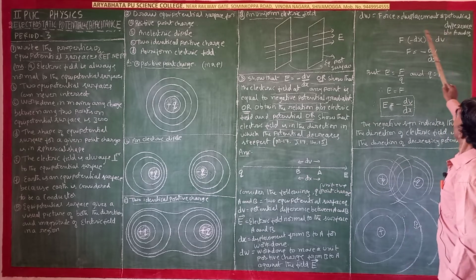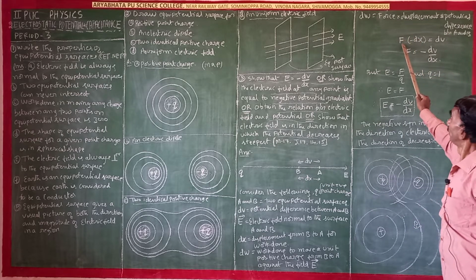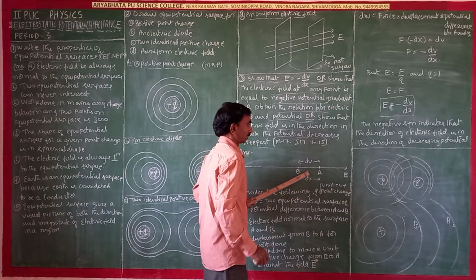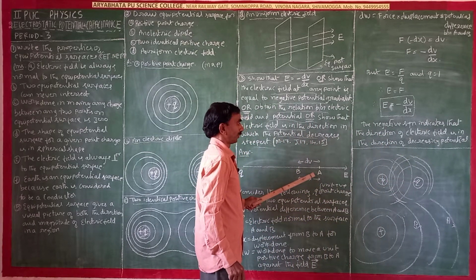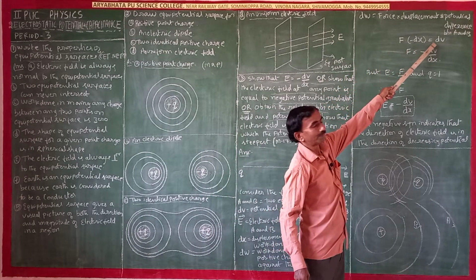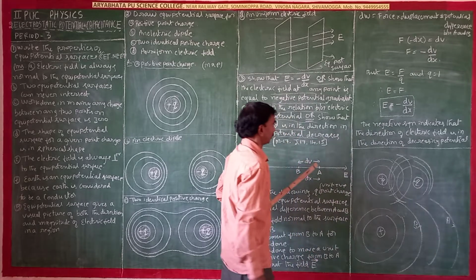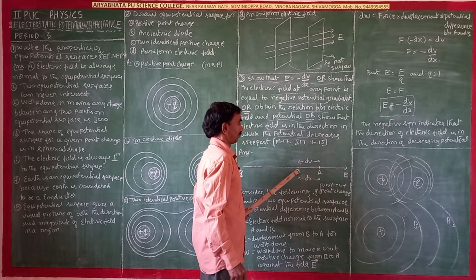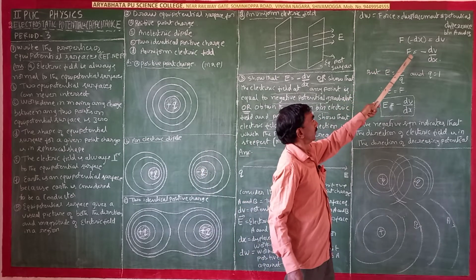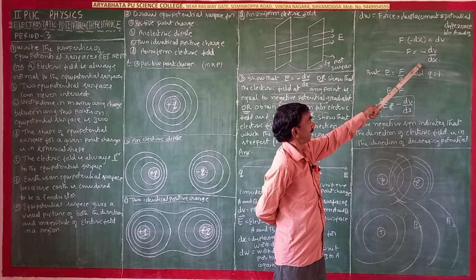Force into displacement means F into dx; against the field from B to A means minus dx. The potential difference is dV and the displacement is minus dx against the electric field. So F is equal to minus dV by dx.